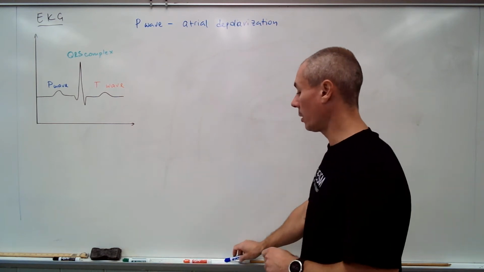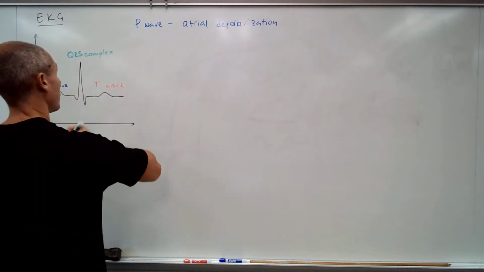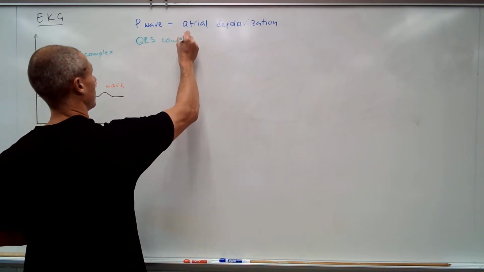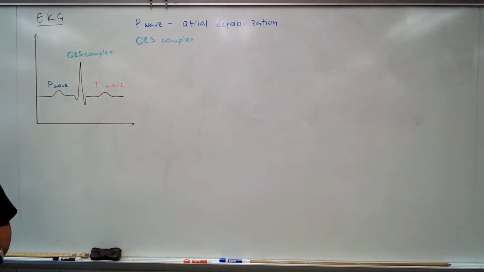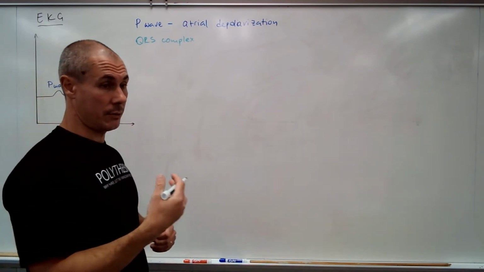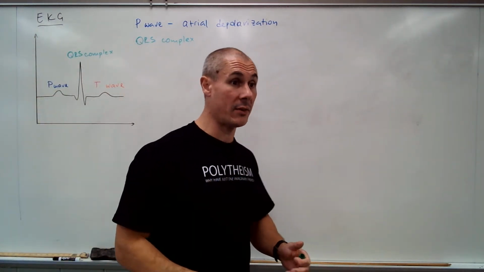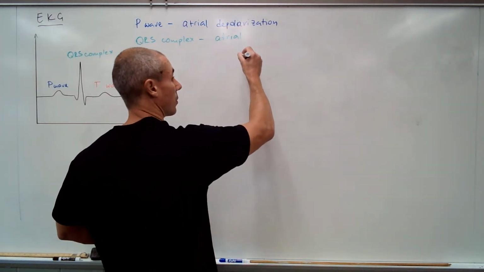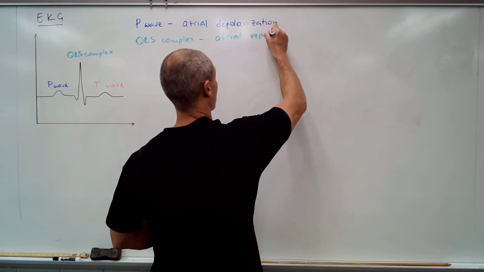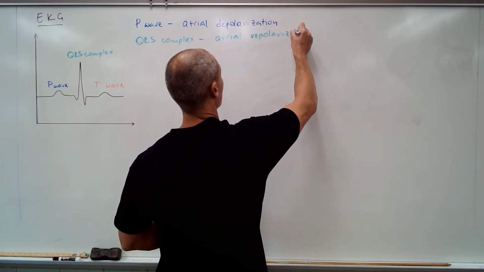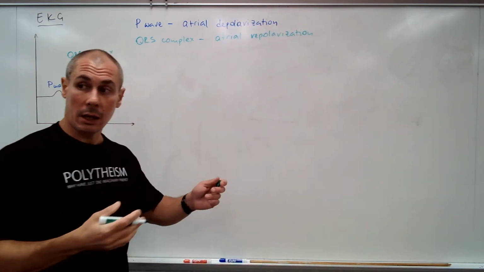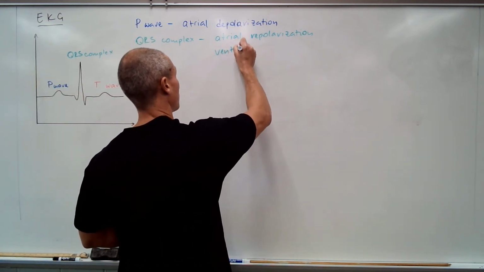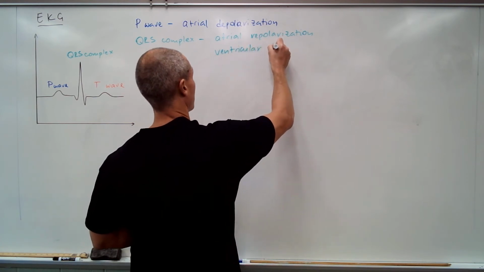Now, what happens during the QRS complex? During the QRS complex, depolarization of the atria is completed, and it's the beginning of atrial repolarization. And it is overlapping with the start of ventricular depolarization.